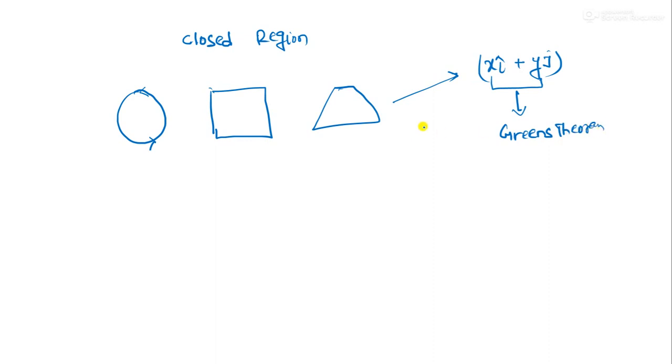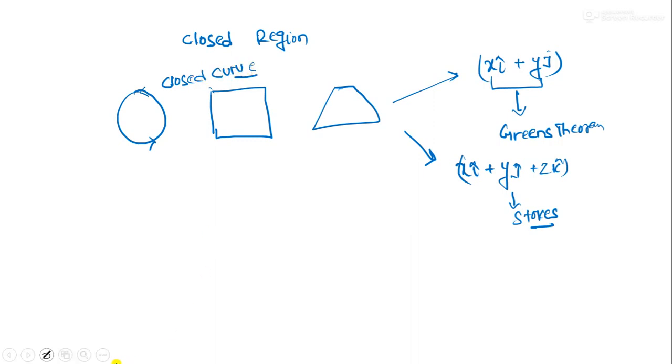If you have a vector space including z also, that is x unit vector i plus y unit vector j plus z unit vector k, then you will have to go for Stokes theorem. I am talking about a closed curve here, not the area.